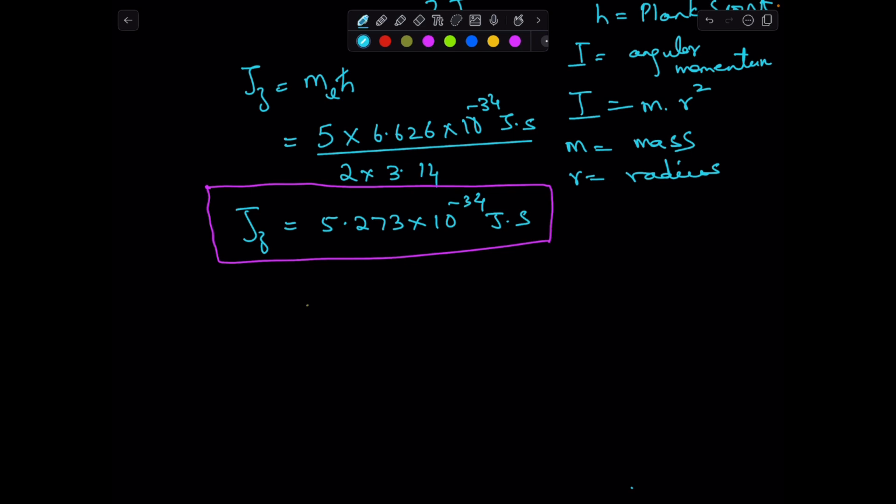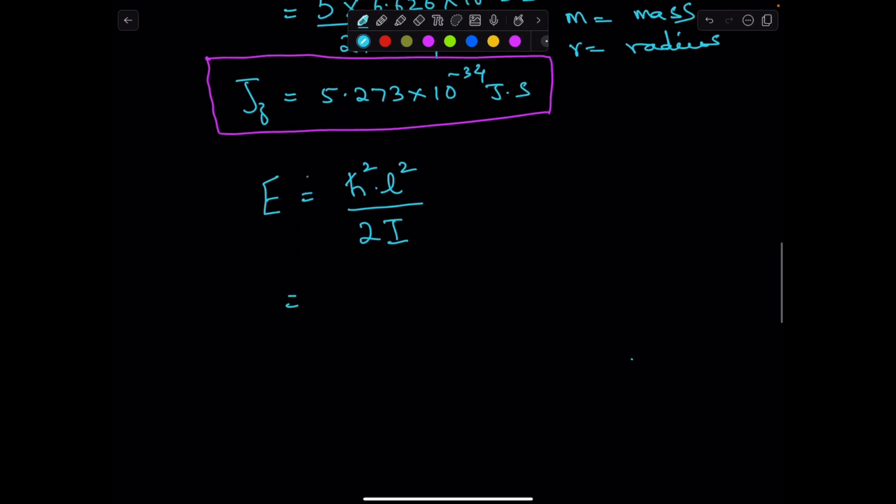The energy of the electron in the highest occupied level would be E is given by m_l squared ħ squared by 2I.